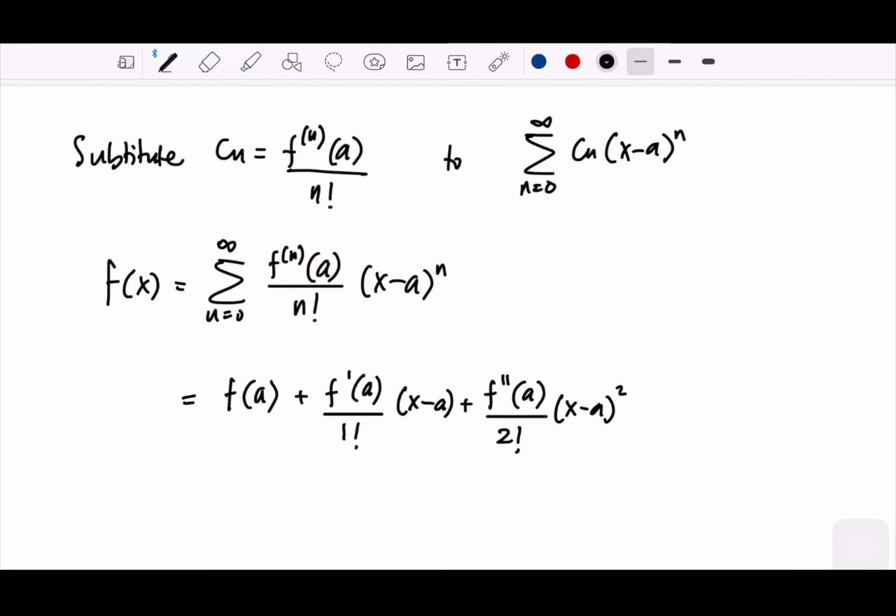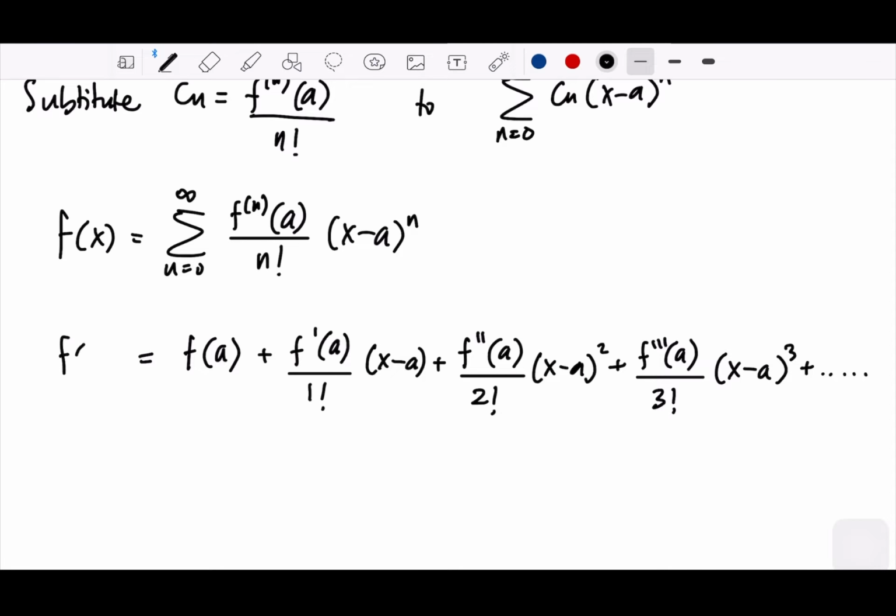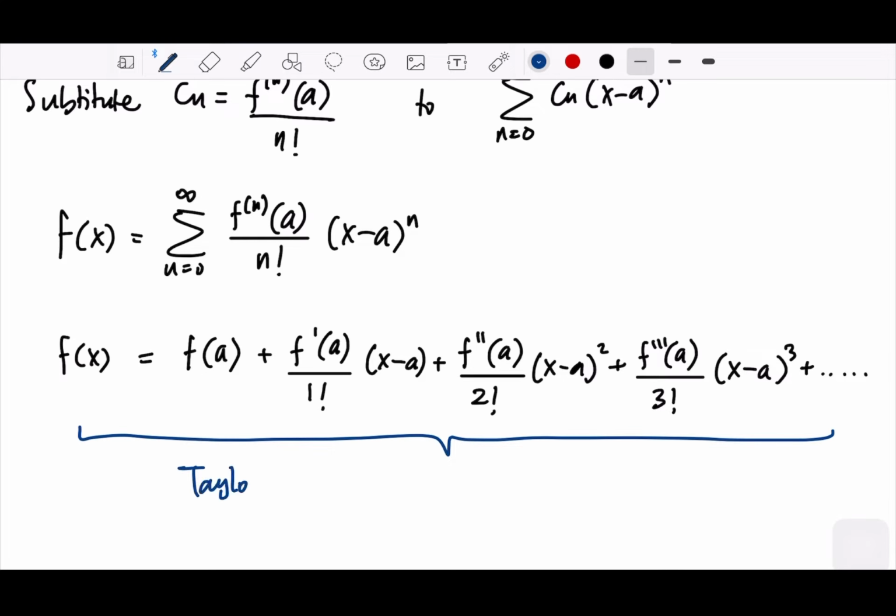Let me write several terms here, and then the third derivative, and this is what we call the Taylor series. This is the Taylor series of the function f at a.